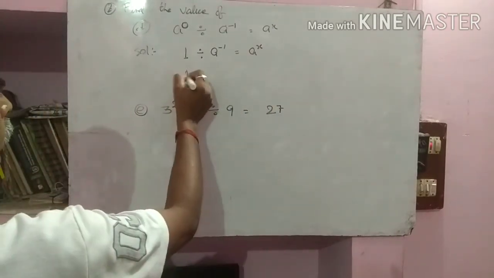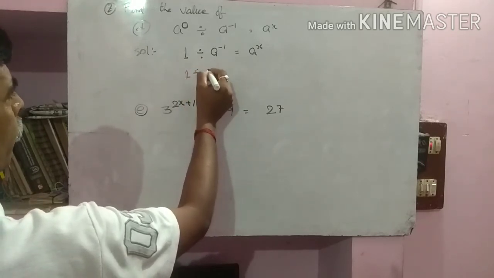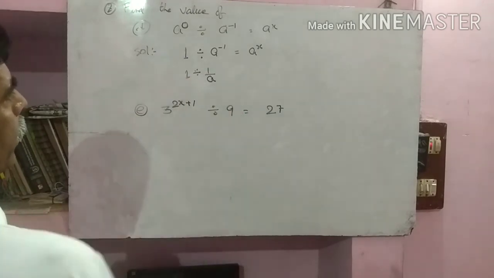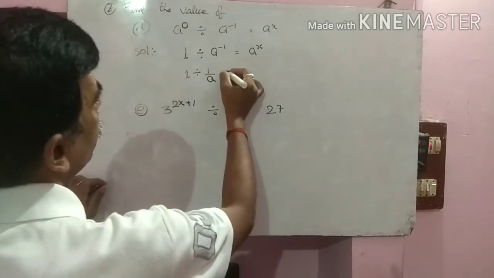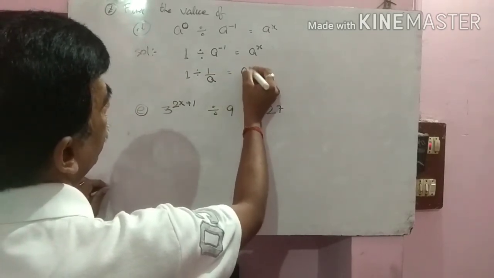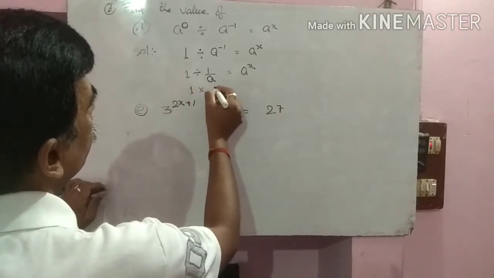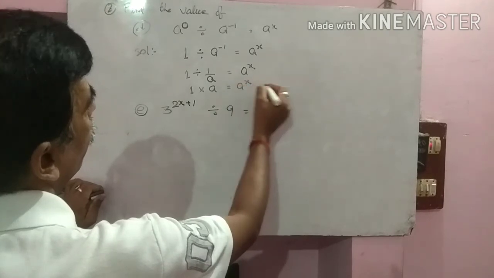So it becomes 1 by a is equal to a to the power x. So this becomes 1 into a to the power x.